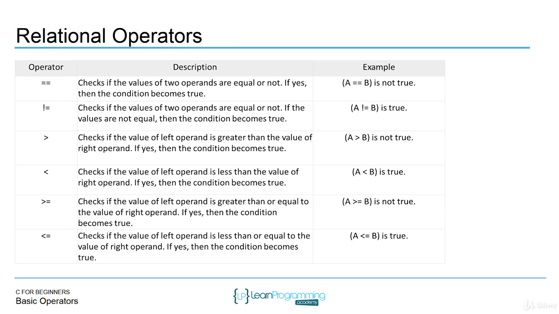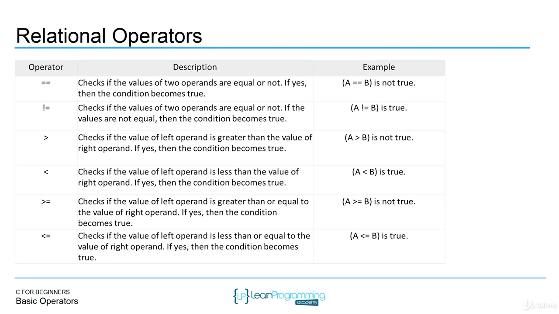If A is true and B is true, then that's going to return false because they're equal. So A would have to be false or B would have to be true, or vice versa, and that would return true. The greater than symbol is checking whether or not A is greater than B. Less than symbol, A is less than B. Greater than equals, A is greater than or equal, and less than equals.